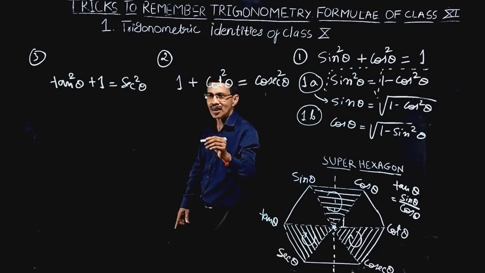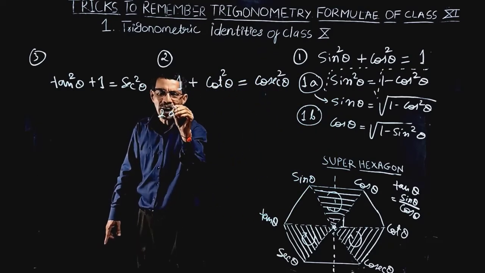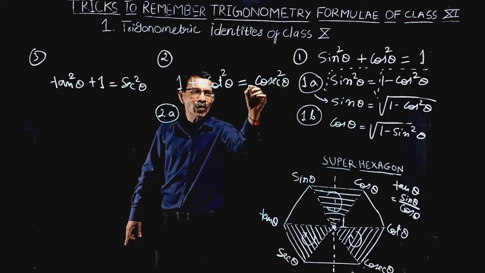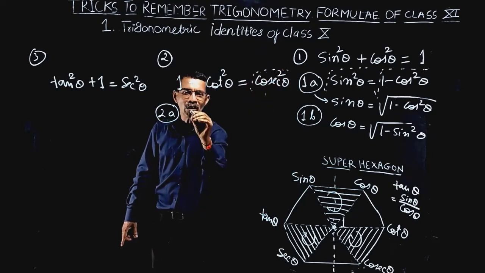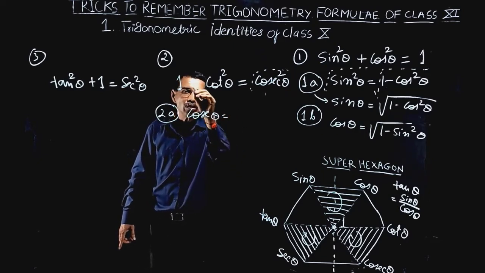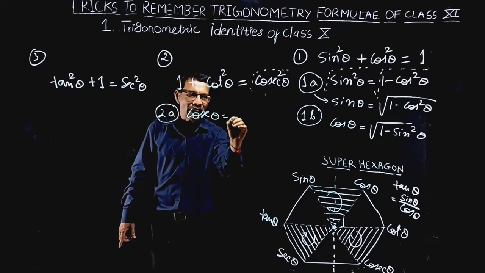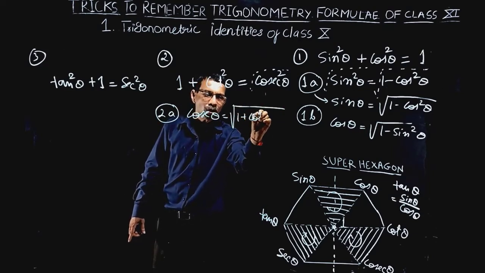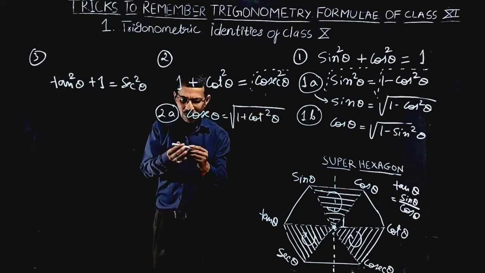And in similar fashion, I can write the 2a formula as cosec square theta. When I take square root of that, it will become cosec of theta, and this is equal to square root of this side. So square root of 1 plus cot square of theta.